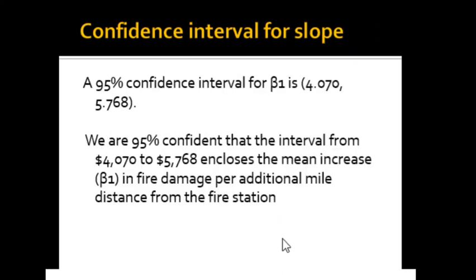We can create a 95% interval here for beta 1, which indicates that we are 95% confident that between 4070 and 5768 will be the mean increase in damage per additional mile distance from the fire station.